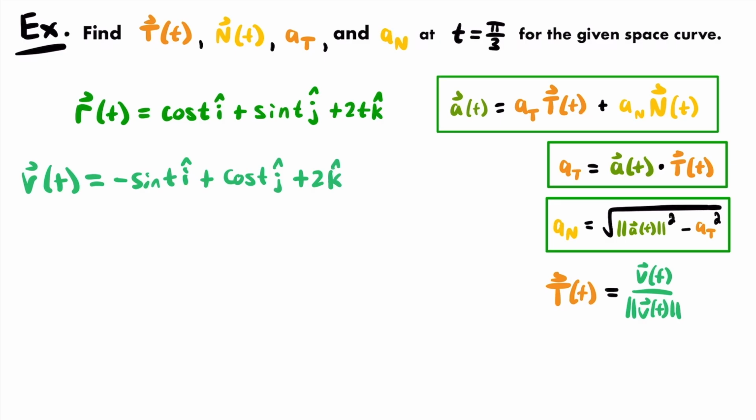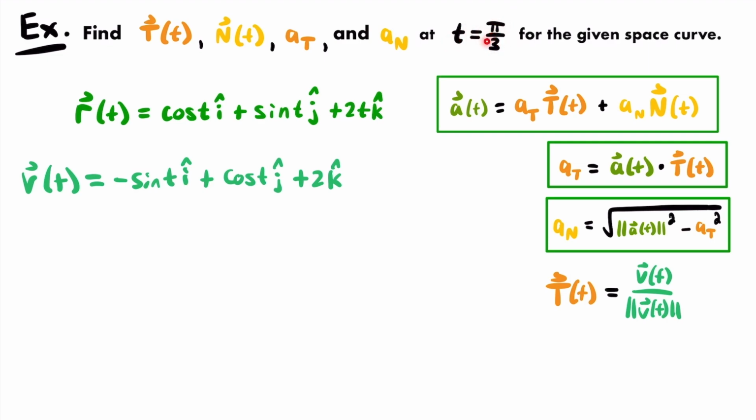Now what we want to do is find its magnitude. But now I will point out real quick, notice that we aren't just finding the general unit tangent and unit normal vectors, as well as the general components of acceleration. We want to find these four things at a specific value of t equals pi divided by 3.